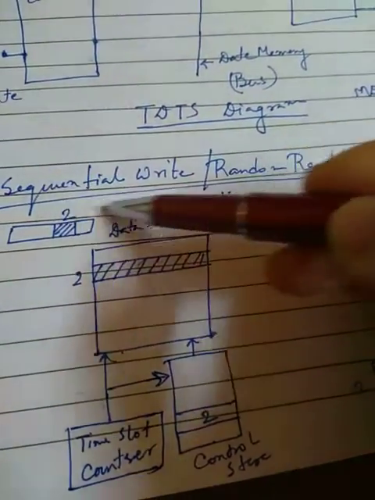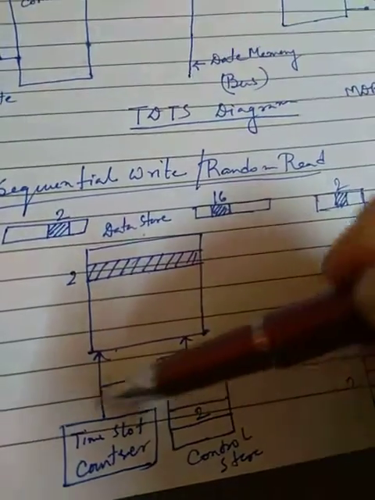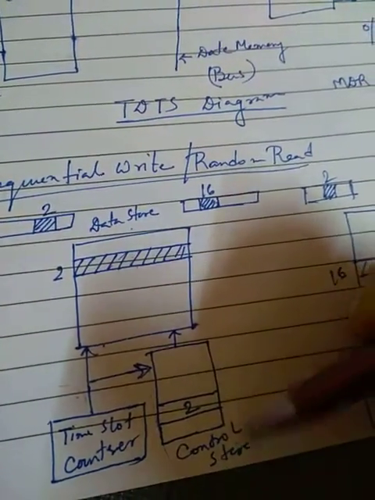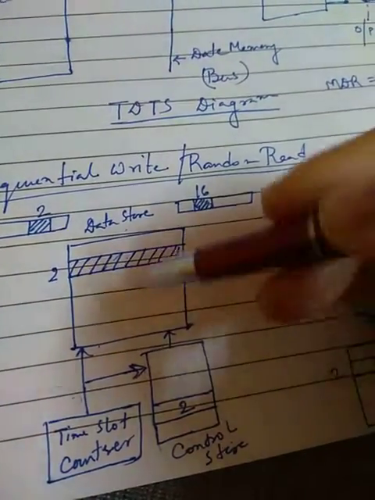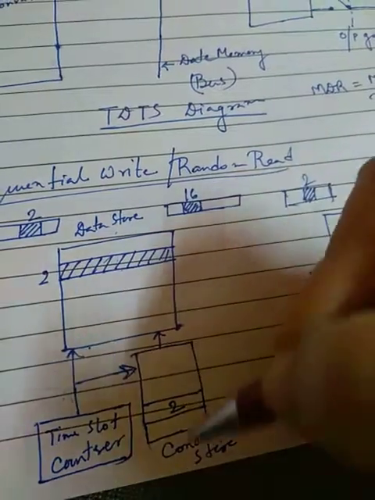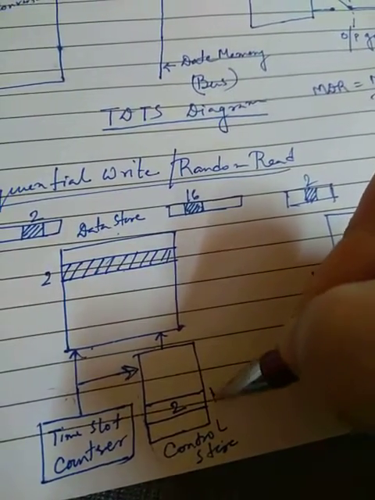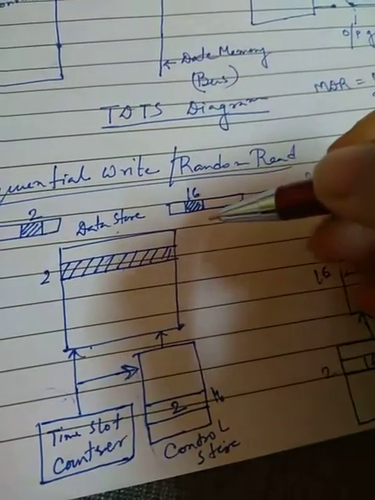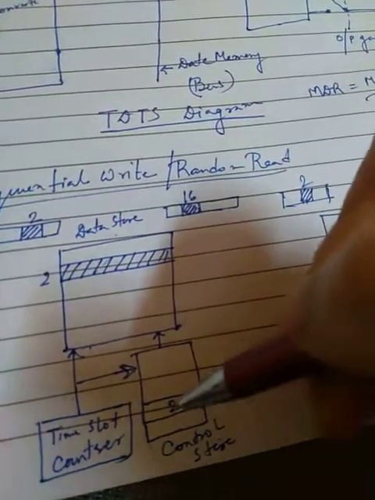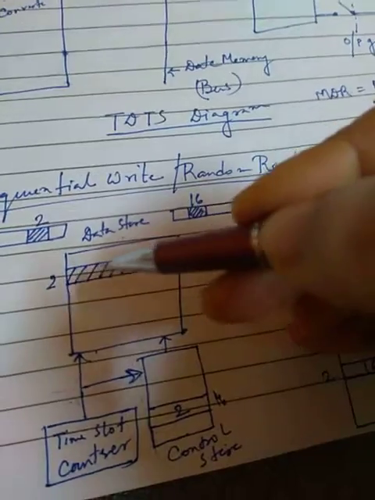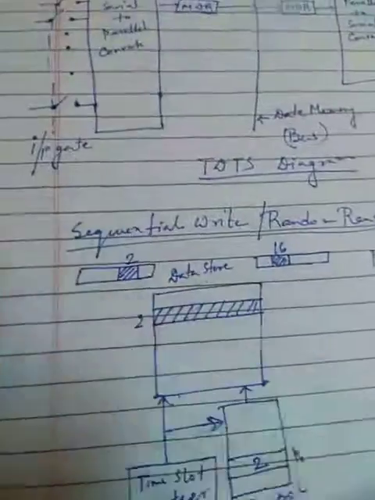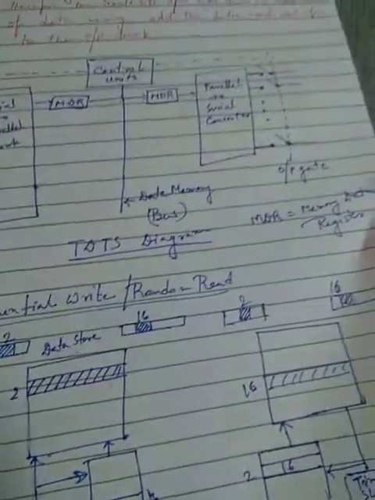That is why it is known as sequential write. Similarly, it will also control my control store, where the data will be stored in a certain location, and that will finally come out. Suppose it is stored at location 16, so obviously that will be at the 16th time slot. Whatever data was in this second position is coming out as the output. That is sequential write and random read.